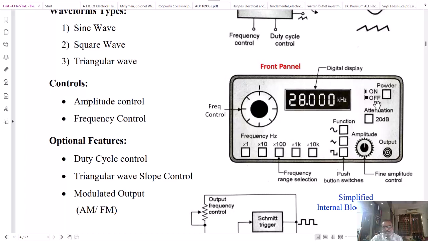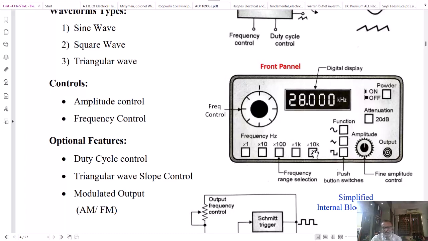It also offers a range of frequency generation. The total range of frequency can be divided into sub ranges like 0 to 1 hertz, or 0 to 10 hertz, or 0 to 100 hertz, or 0 to 1 kilohertz, or 10 kilohertz, or 0 to 100 kilohertz, or 0 to 1 megahertz, like that.